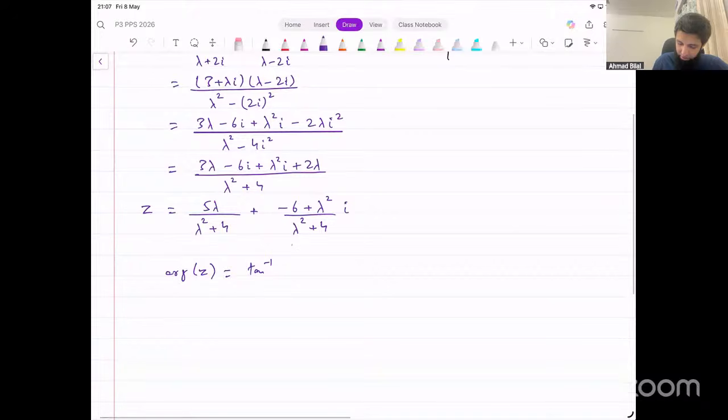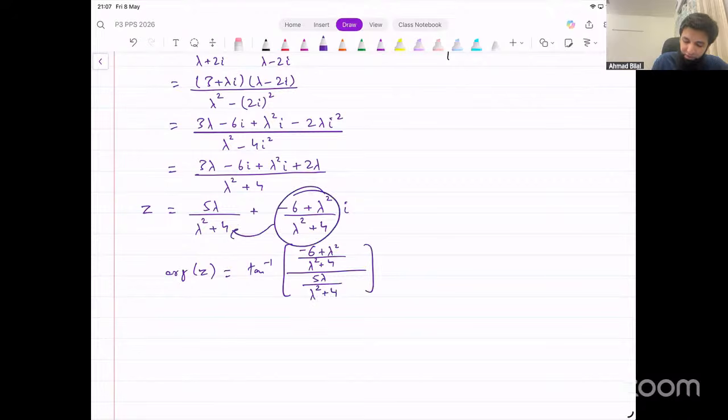Let me just write it down anyway. Minus 6 plus lambda squared divided by lambda squared plus 4, whole divided by 5 lambda divided by lambda squared plus 4. So what I've done is I've divided the imaginary part by the real part. Now this must equal the argument that they gave us, that's pi over 4.